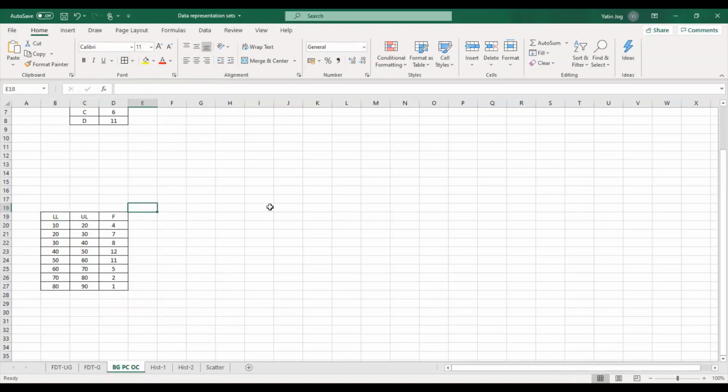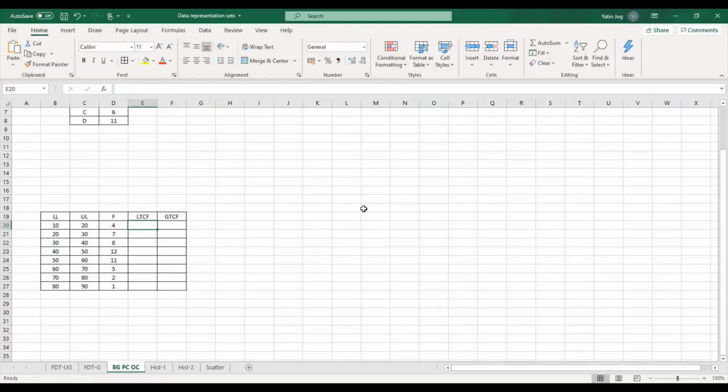Now, when we say cumulative frequency, there are two types of cumulative frequencies. First is the less than cumulative frequency, and second is the greater than cumulative frequency. First I'll tell you how to calculate, and then I'll tell you the meaning.